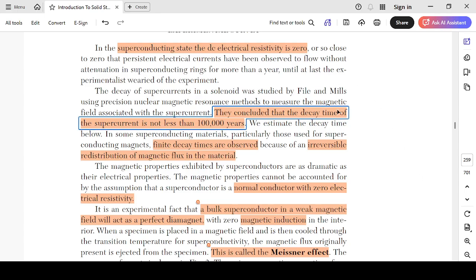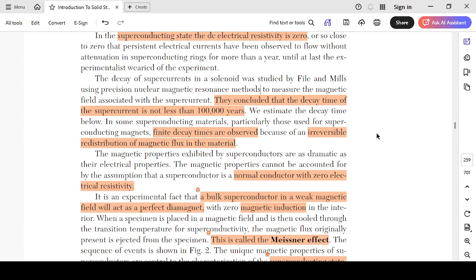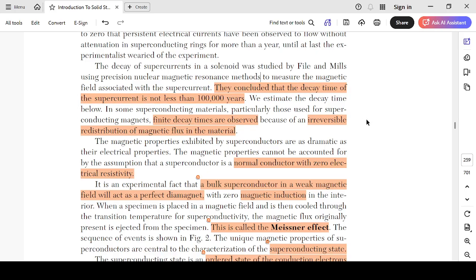This point can also be asked as an MCQ: their observation showed that the decay time of a superconductor is not less than 100,000 years.